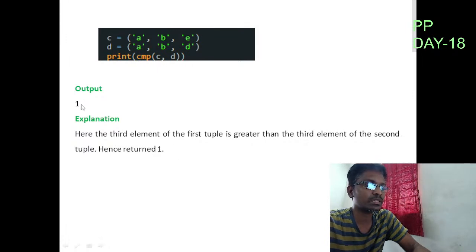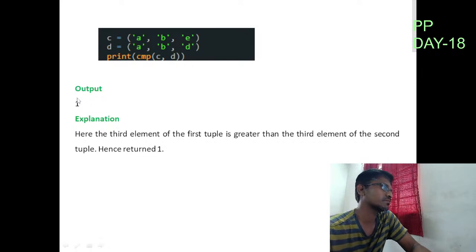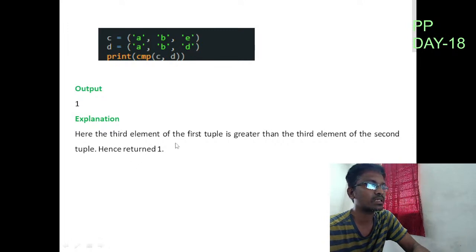So 1 is nothing but true, otherwise it will return -1. In this example, these two are matching and these two have the same value, and here I am using E and D. While comparing E and D, E is greater than D. So that's why it will return output true, otherwise it will return false.